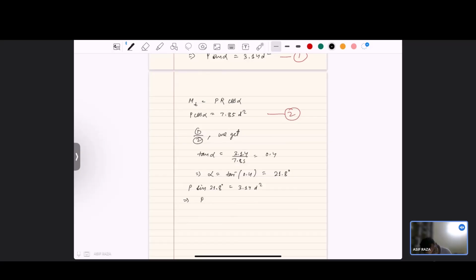I can write it as P is sin 21.8 into 3.14, so this is 8.45 d square.